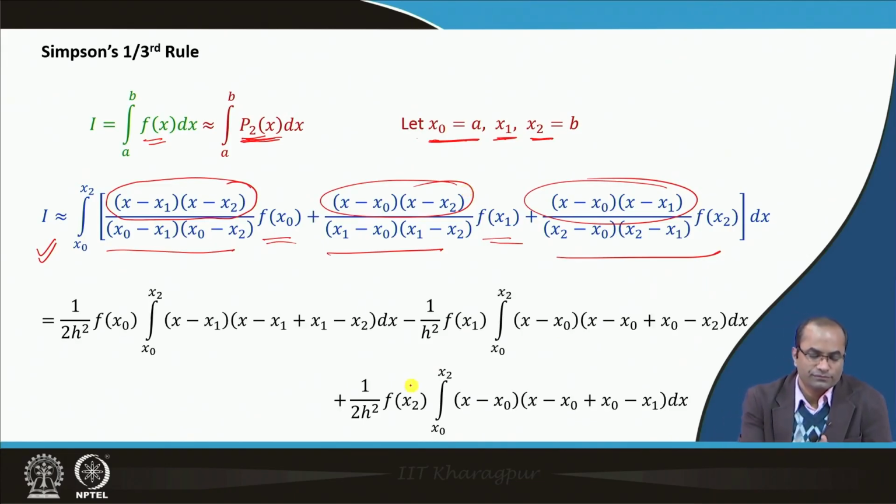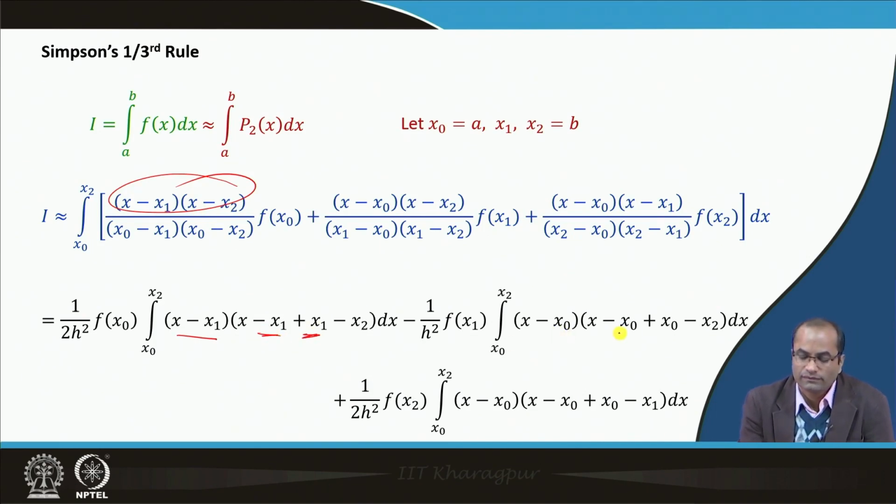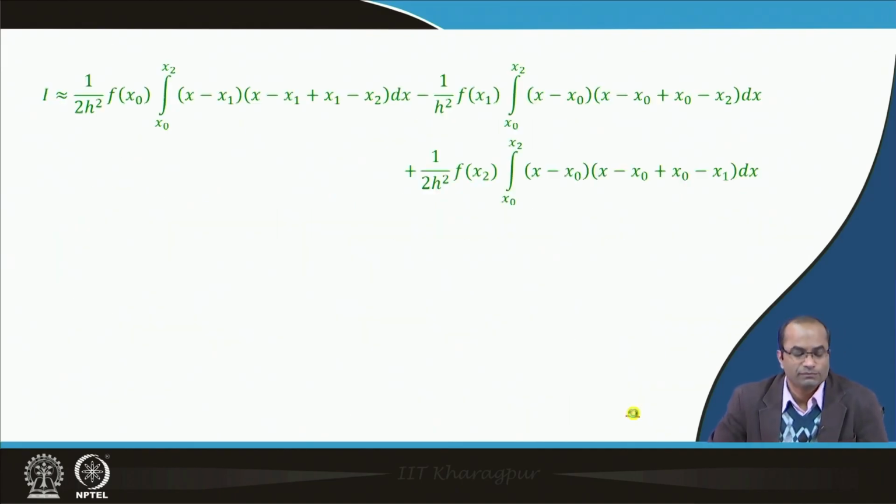We can either do direct integration or the way done here: x minus x 1 is taken out, with all these constant terms, and only the numerator is adjusted, x minus x 1 plus x 1, and here also minus x 0 plus x 0, so that we get exactly this term as one term. So, x minus x 0 or here x minus x 1, and then integration can be performed.